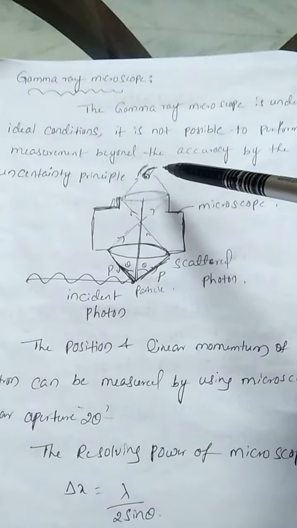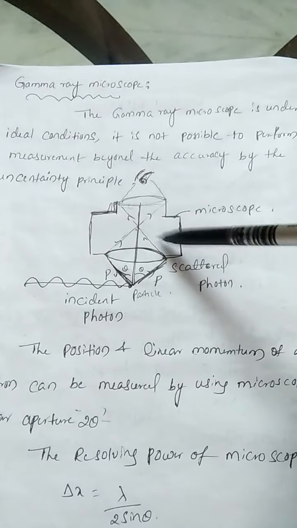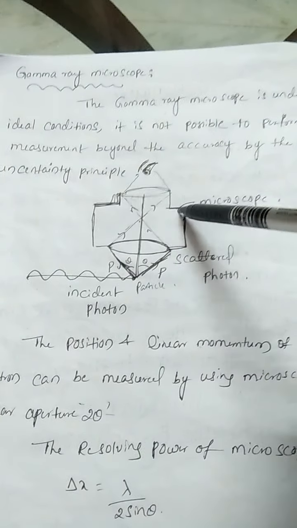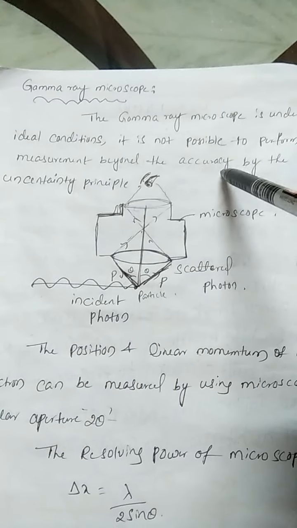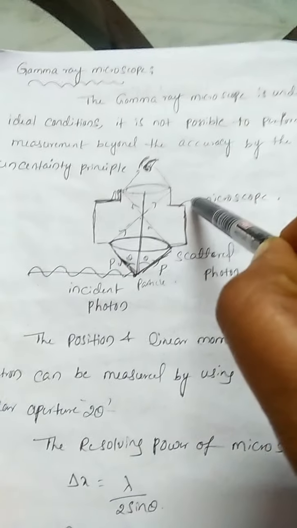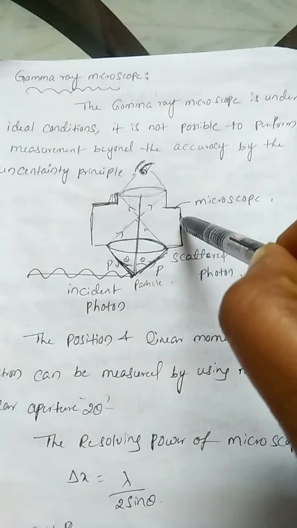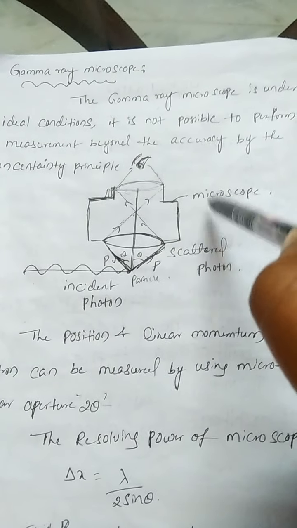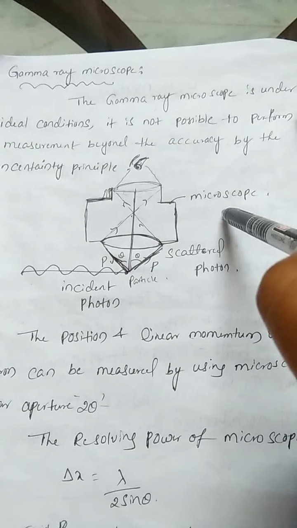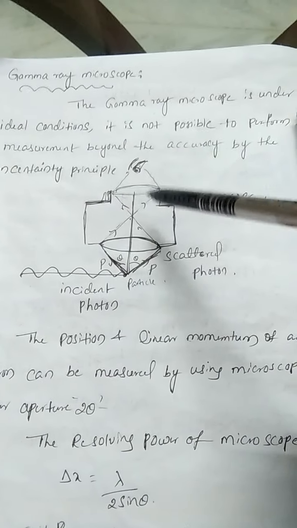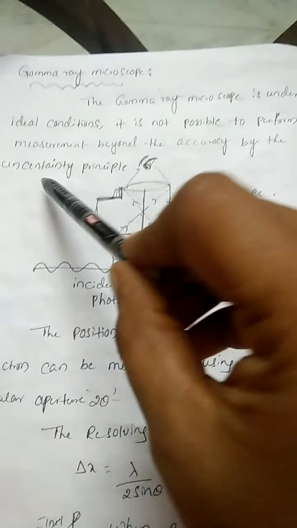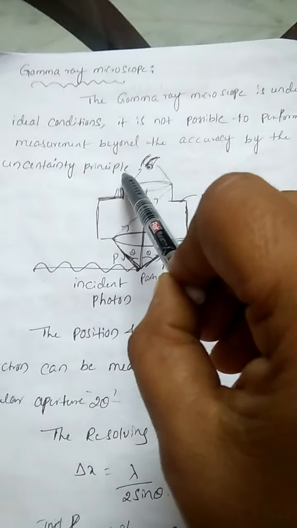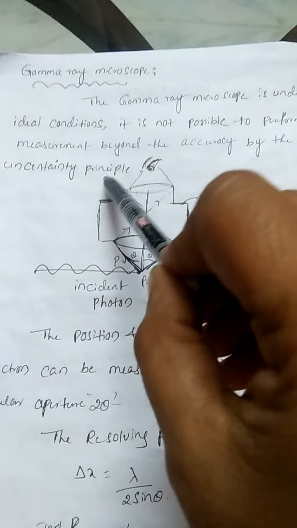That means the gamma ray microscope works under some conditions, and even so it is not possible to measure accurate values. So it is also one of the examples that shows the uncertainty principle. What is the uncertainty principle?